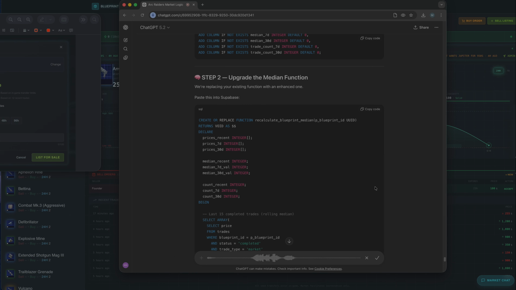I read all your instructions, and I can access the SQL editor in Lovable, but you do mention paste this in Supabase. Is this the same thing as the SQL editor in Lovable?